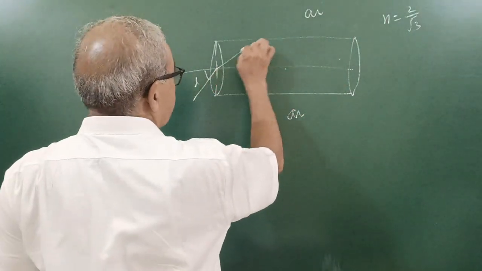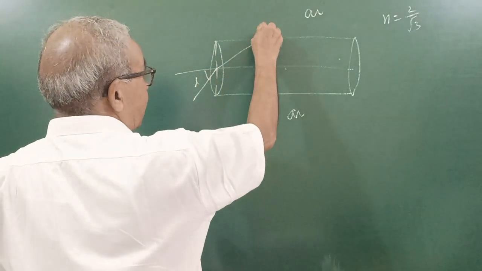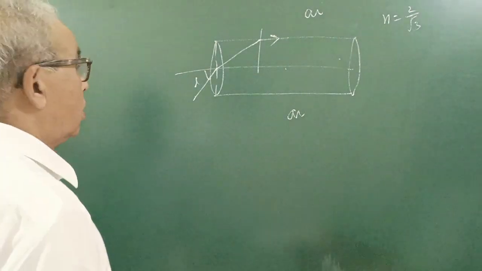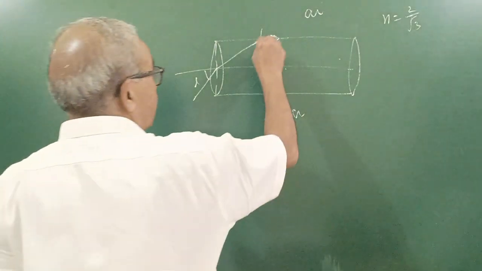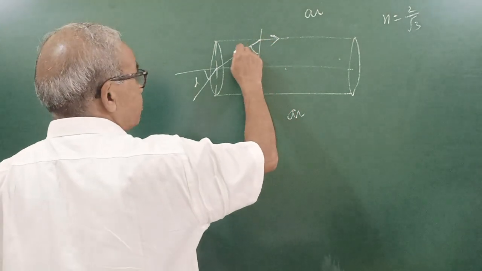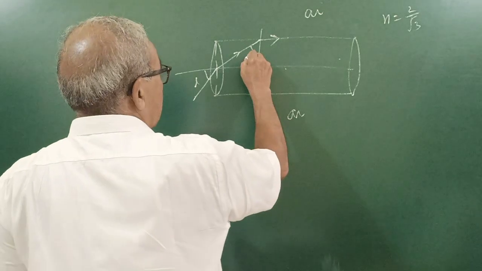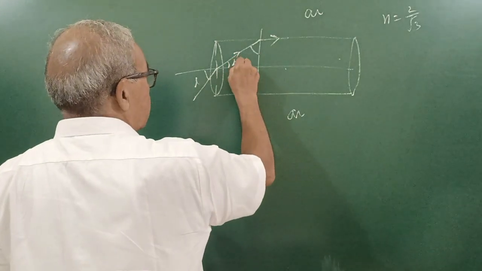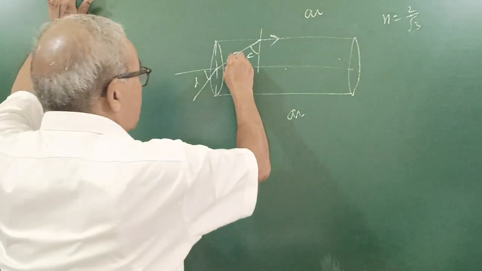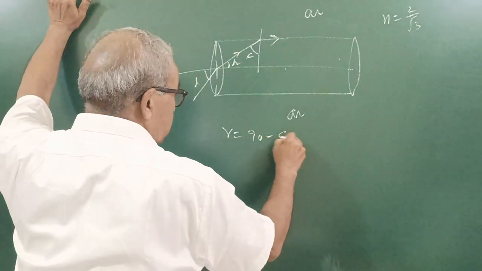Actually, going from air to glass, at the surface it suffers just total reflection. This is R, this is C. So it means this angle R equals 90 minus C.